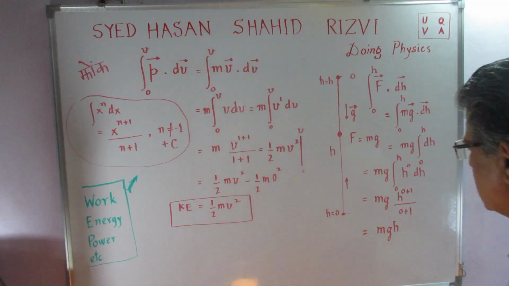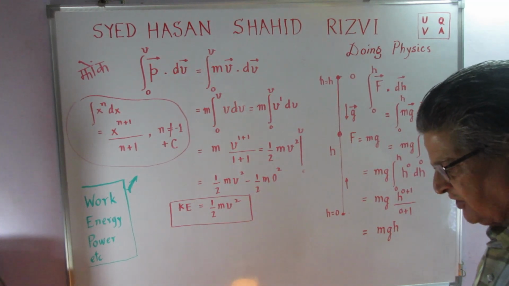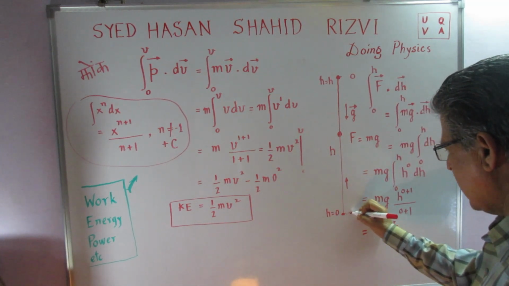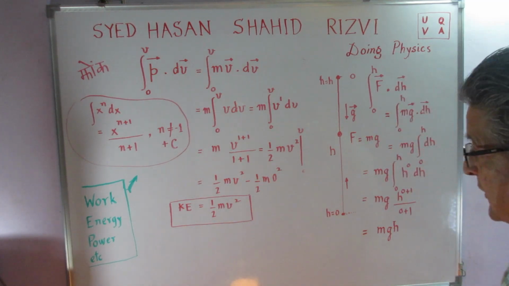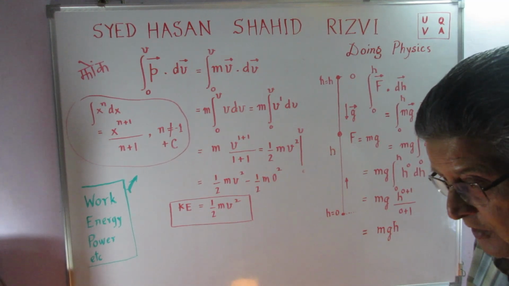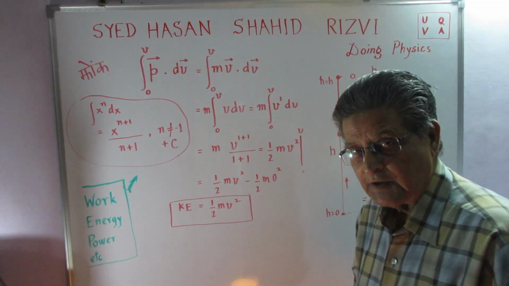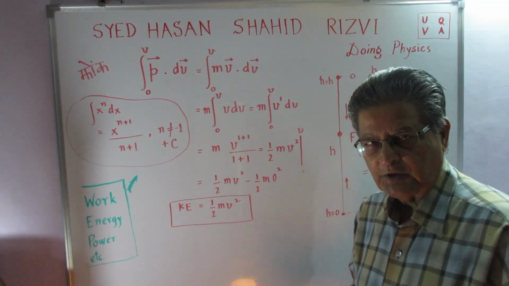Now, another thing I have to discuss here is that the potential energy over here is taken as equal to 0. It may not be 0 there.